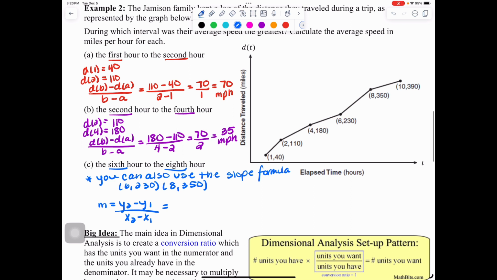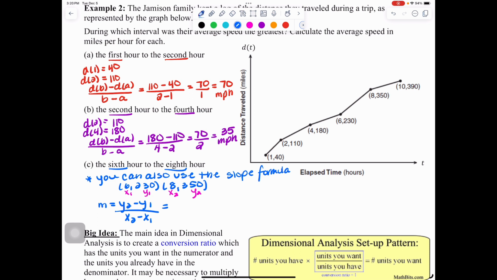So this will be a good time for me to demonstrate the slope formula for you. I would go and label my points x and y. But I know that this first coordinate needs little subscripts of 1 because they're the x and y from the first coordinate. And then the second coordinate needs little subscripts of 2.